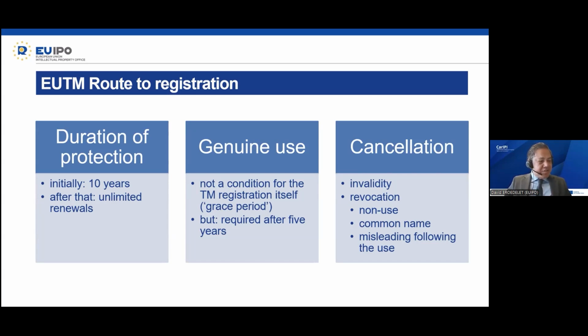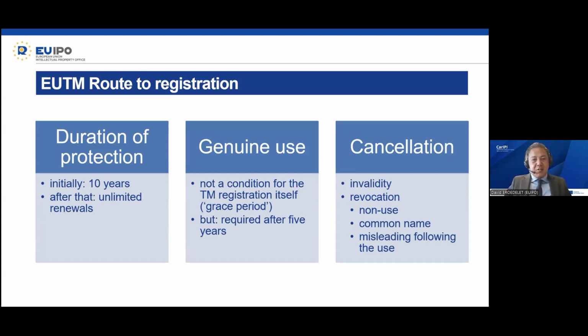A trademark does not require prior use if you want to register it. However, it does require that within a 5-year period after registration, the trademark is put into genuine use. So applicants do have to use it.